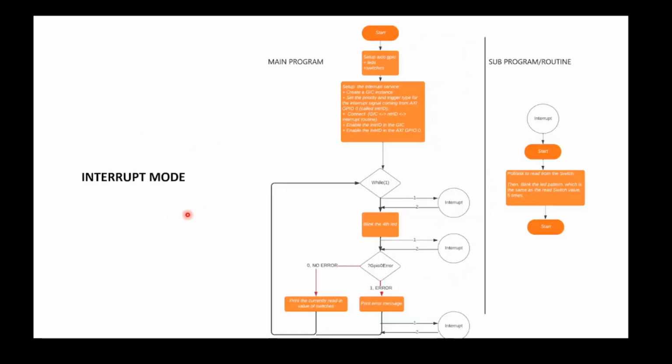And then here comes the software flow of the interrupt mode. Again, when we talk about the main program, it means everything inside this flowchart will be the content of our int main in the C code. Anything outside won't be inside the int main, but it will be in the same file as the int main.